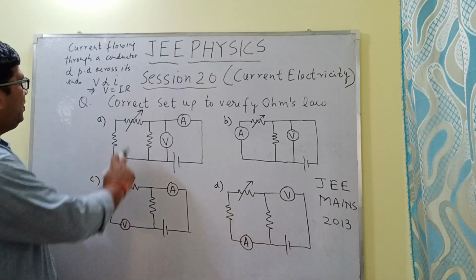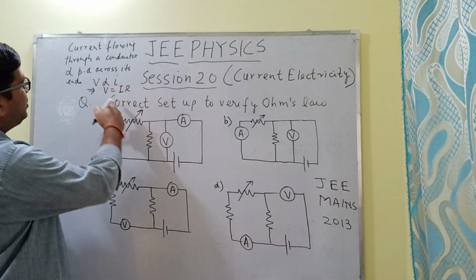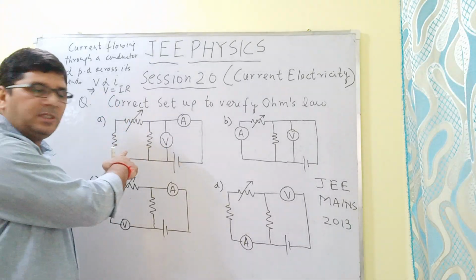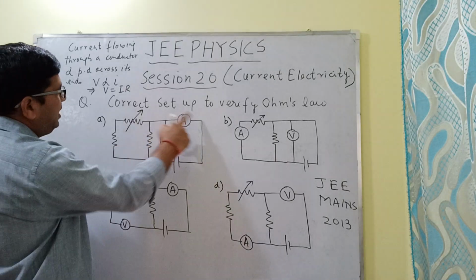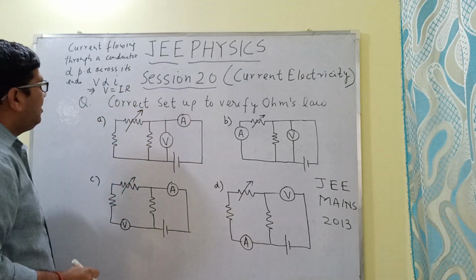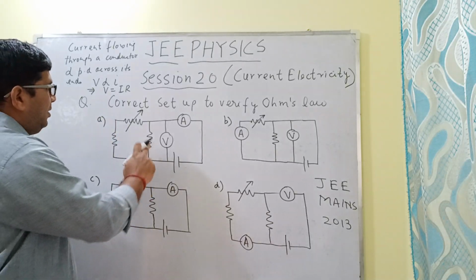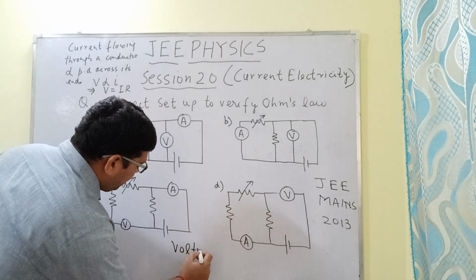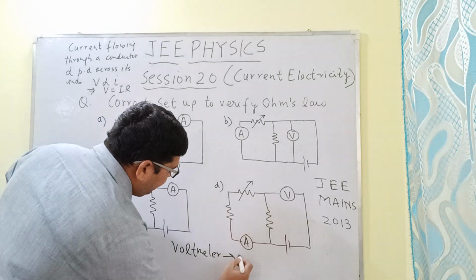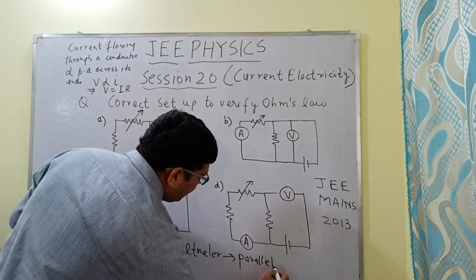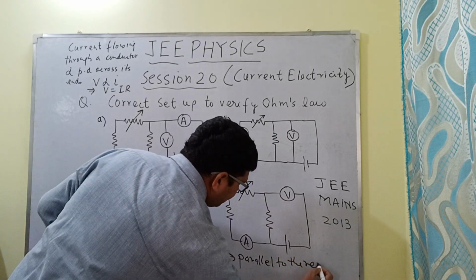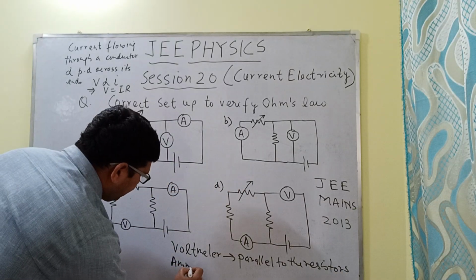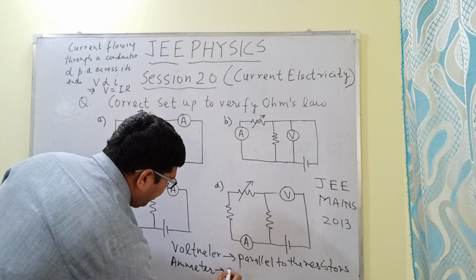Now, in order to verify this Ohm's law, the voltmeter should be connected in parallel to the resistors, and the ammeter should be connected in series. So that is the setup.